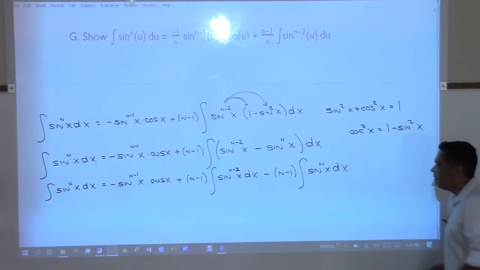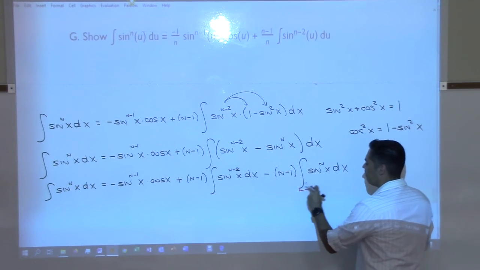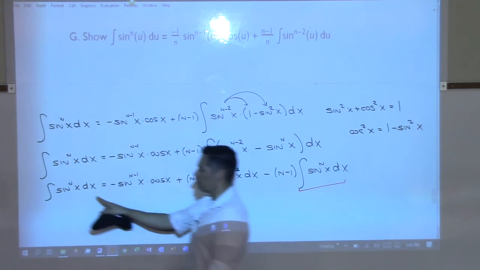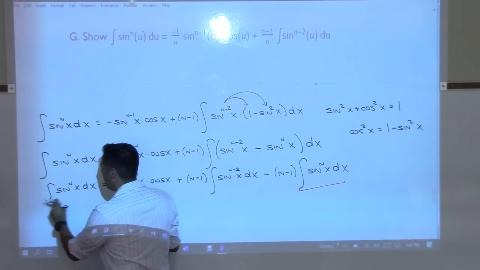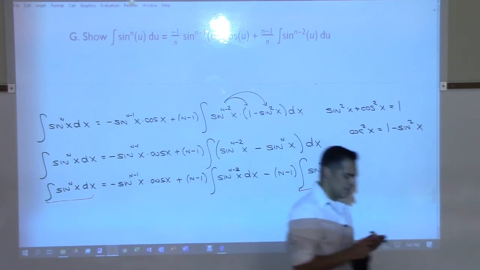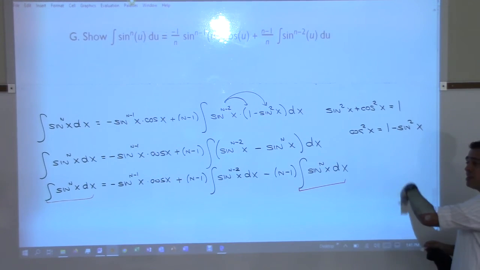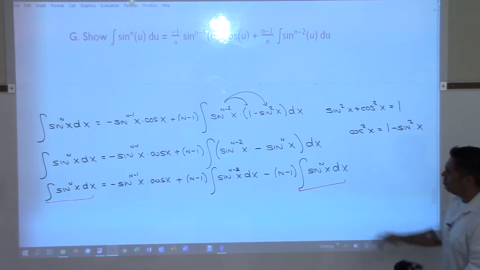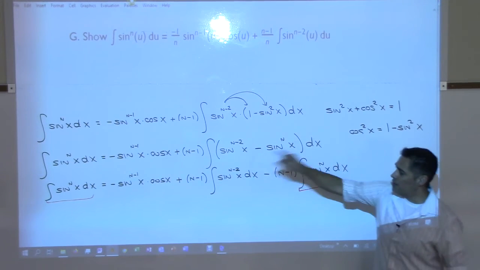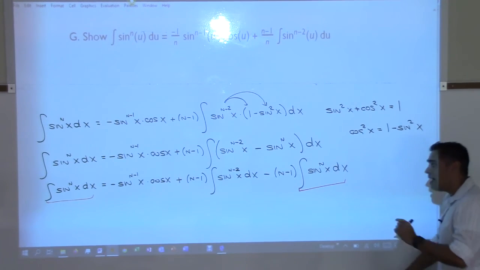Yeah, see, look. This right here is this original integral, isn't it? We had this happen last class with one of the problems. I said this is really kind of a special problem because the integral you're looking for appears on the other side. So if we wanted to move this whole thing to the other side, I would have to add to both sides what?